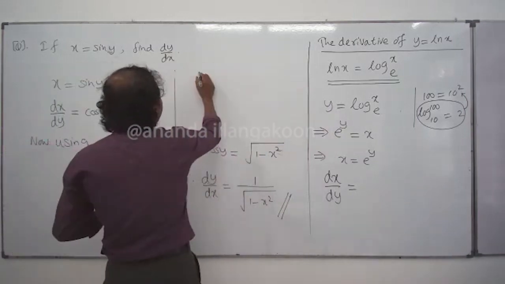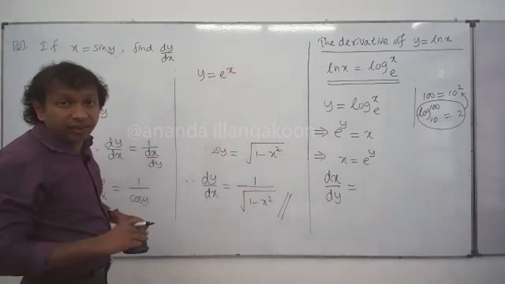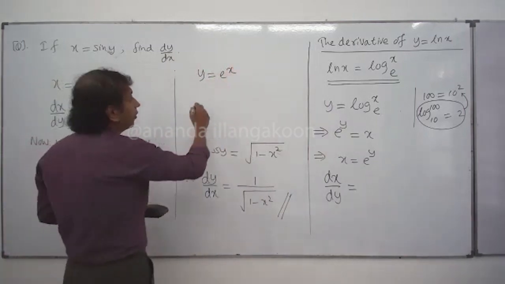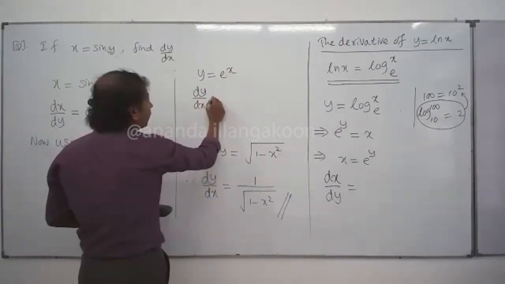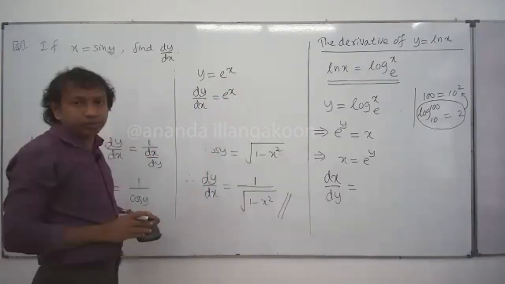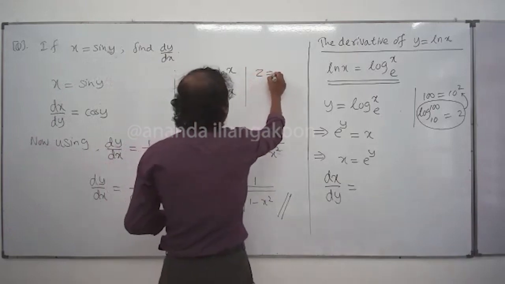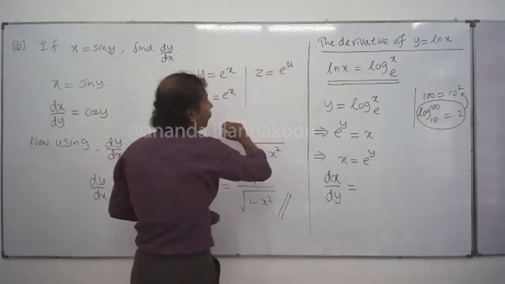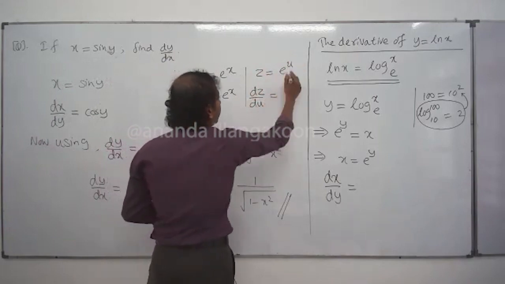Now tell me, what is dx upon dy? People, now think like this. If we have y equals e^x, today we learned the derivative of y equals e^x is what, people? dy by dx is equal to e^x. Then if we have z equals e to the power u, then what is dz upon du? Also the same thing we get.